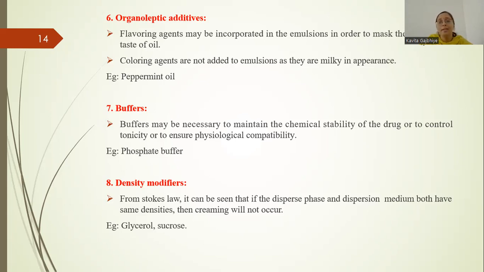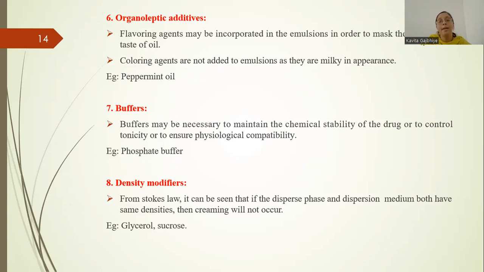Then a very important ingredient is buffer, because many emulsions, as we said, are applied externally. They have to be applied on the surface of the skin, for example cream and lotion. So whatever the emulsion is, it should be compatible with your skin pH. So it is very important to maintain the pH of your formulation, and that can be done by adding buffers.